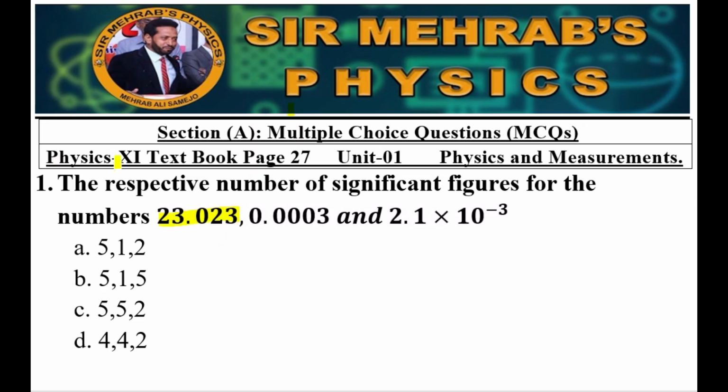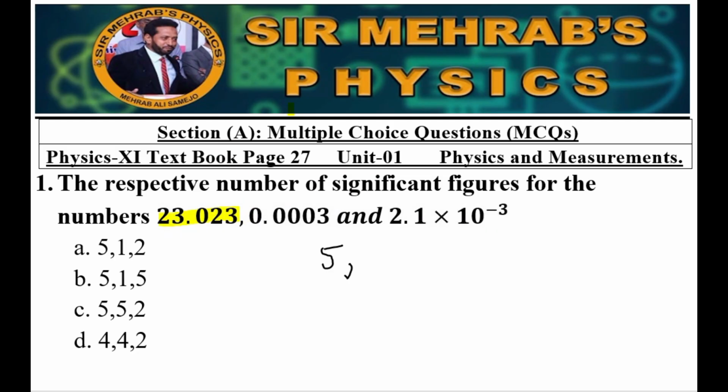That means the 2, 3, 2, 3, these 4 are significant, and the 0 located between these two non-zero digits is also significant. That means in the first number we have 5 significant figures.